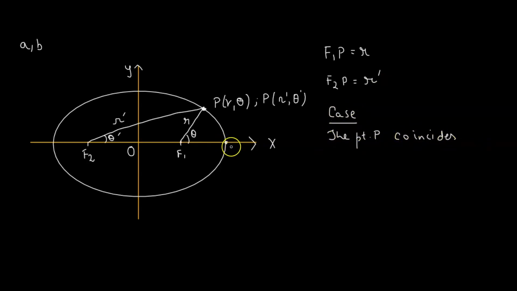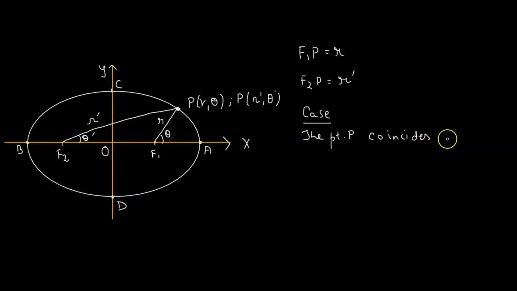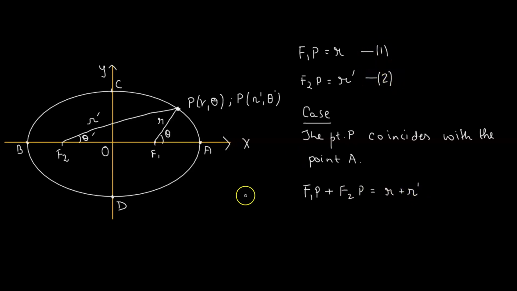So let's call this A, and this is B, this will be C, and this will be D. Point P coincides with the point A. Now, if that happens, then we can straight away say that f1P plus f2P, that's r plus r prime. So what we have done is we have taken 1 and 2 and added them to each other. Fine.